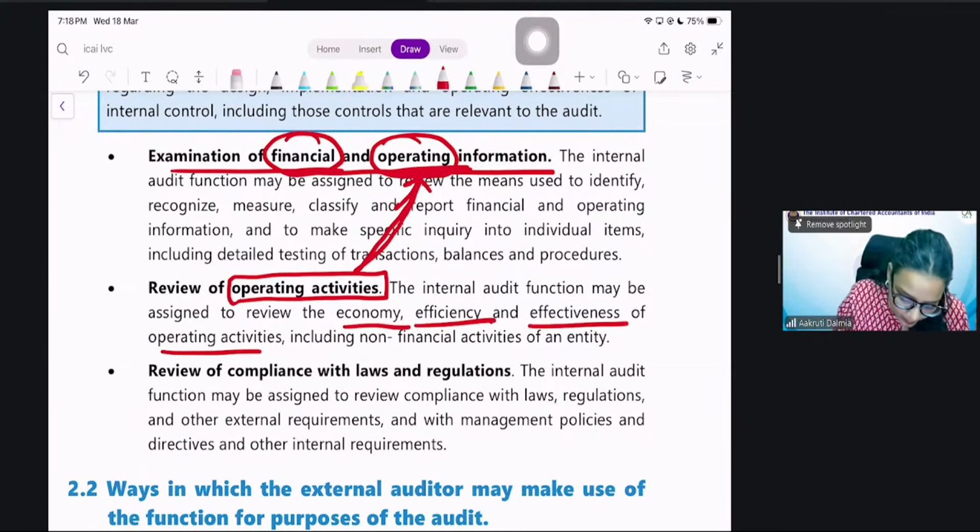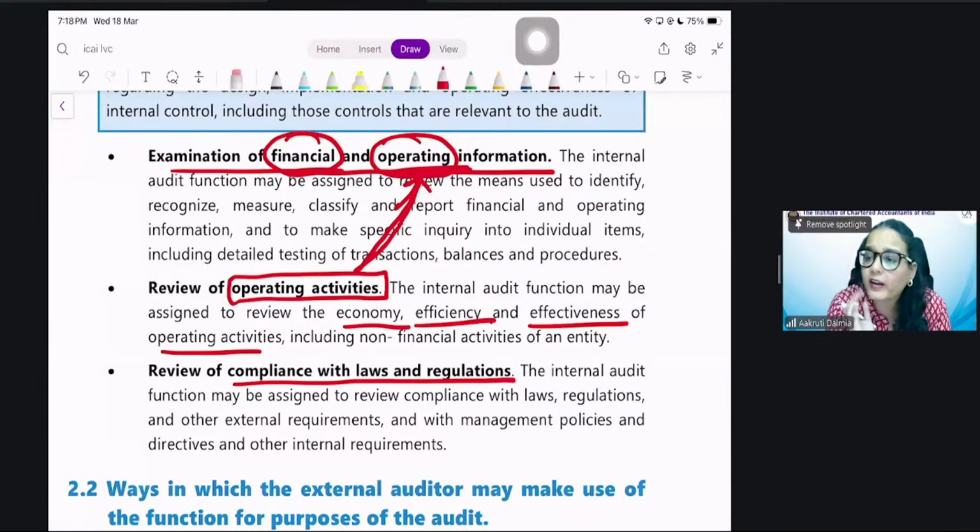So day to day economy, efficiency and effectiveness of operating activities, that is operating activities. Okay. And compliance with laws and regulations. So do you think that the internal auditor's job will be to ensure that TDS is properly deducted on a regular basis? GST is properly collected on a regular basis? All the forms are properly filed with ROC?